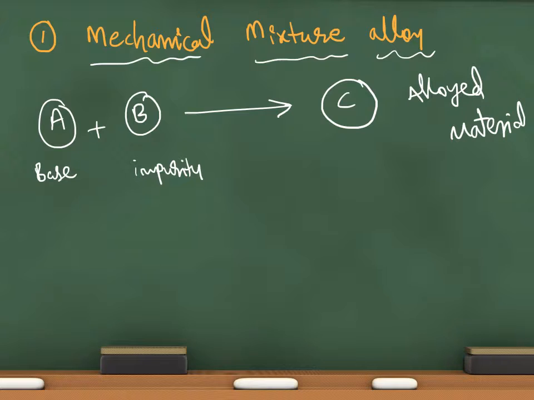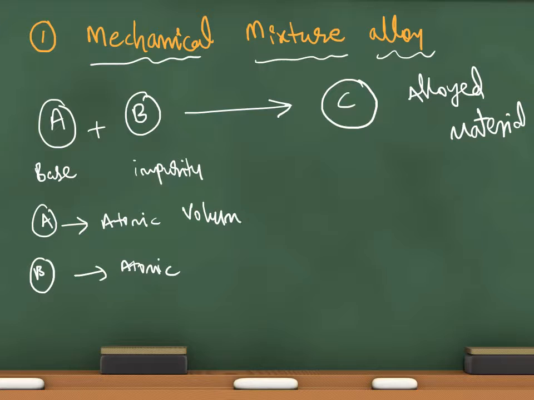We call this a mechanical mixture alloy if A and B have atomic structures, which can be regarded as atomic volumes, that differ from each other by more than 15%.